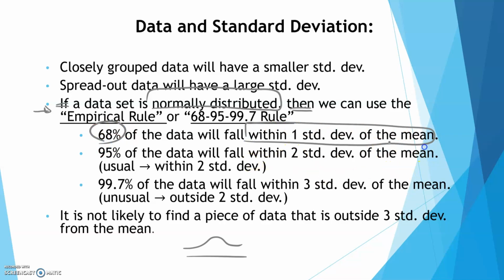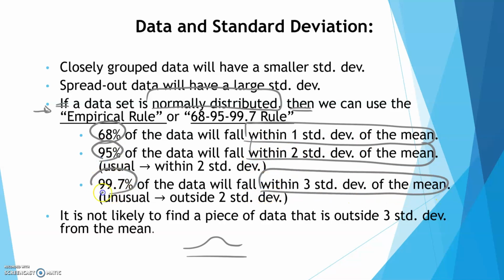Within 2 standard deviations of the mean, we're looking at 95% of the data. Within 3 standard deviations of the mean, we're looking at 99.7% of the data.